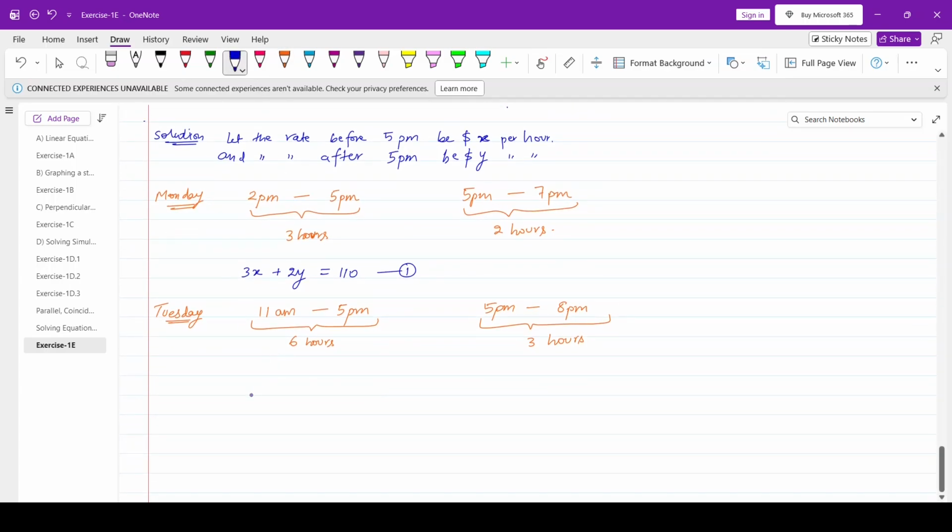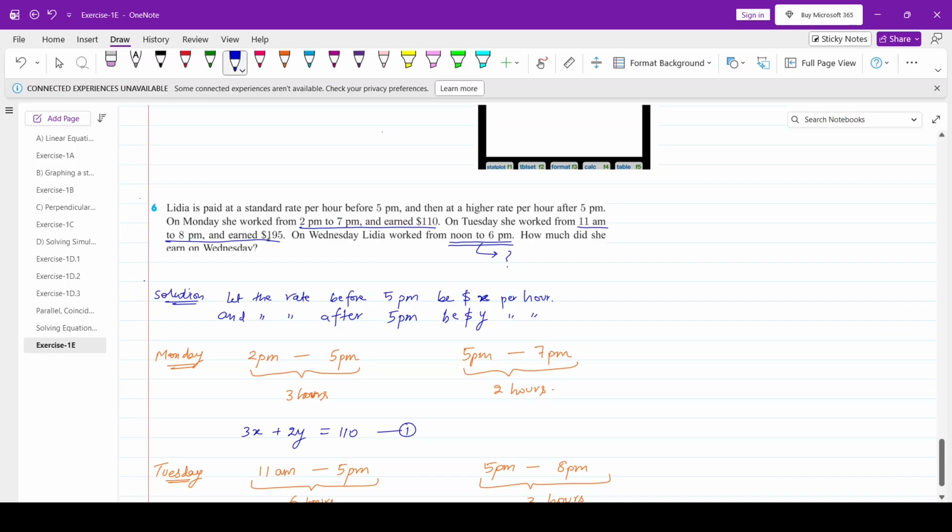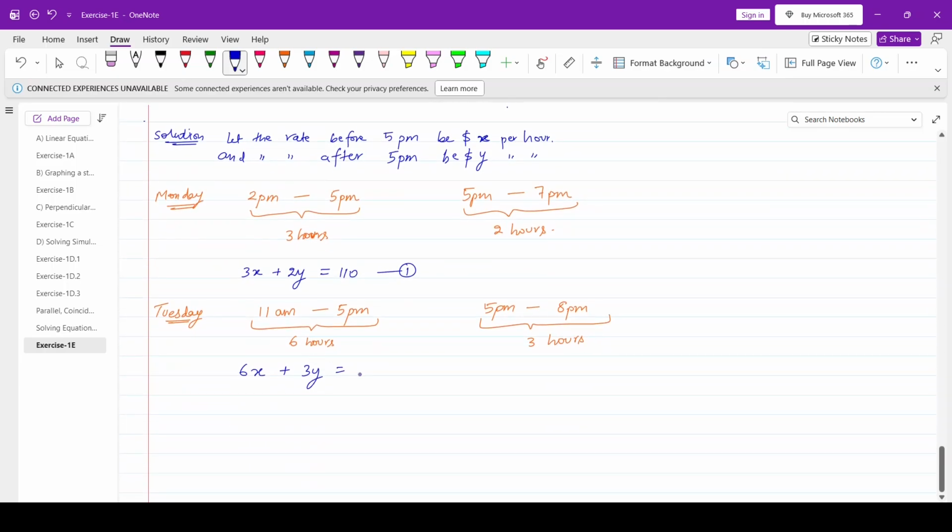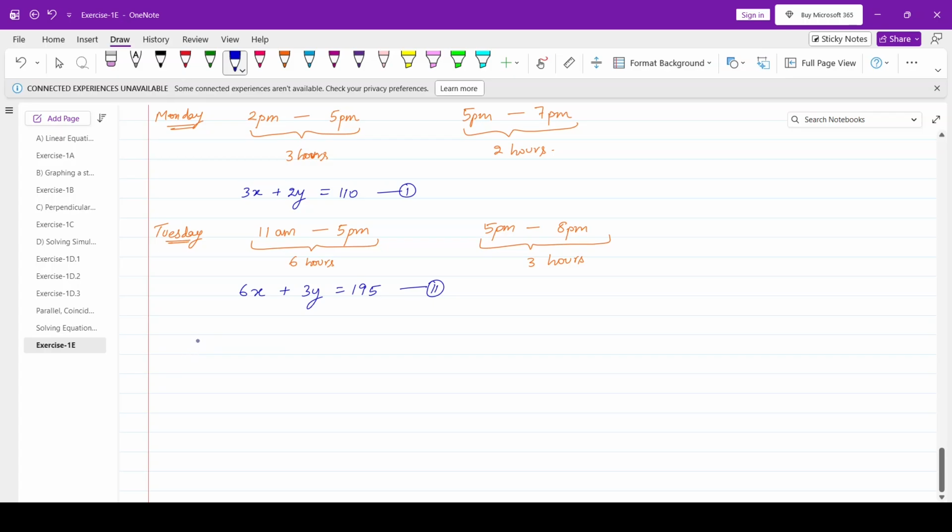So we can say 6x plus 3y is equal to, what did she get? She got $195. This is our equation 2. Now to solve this system of equations, what we'll do is we'll multiply equation 1 by 2 and then we'll subtract equation 2 from it.